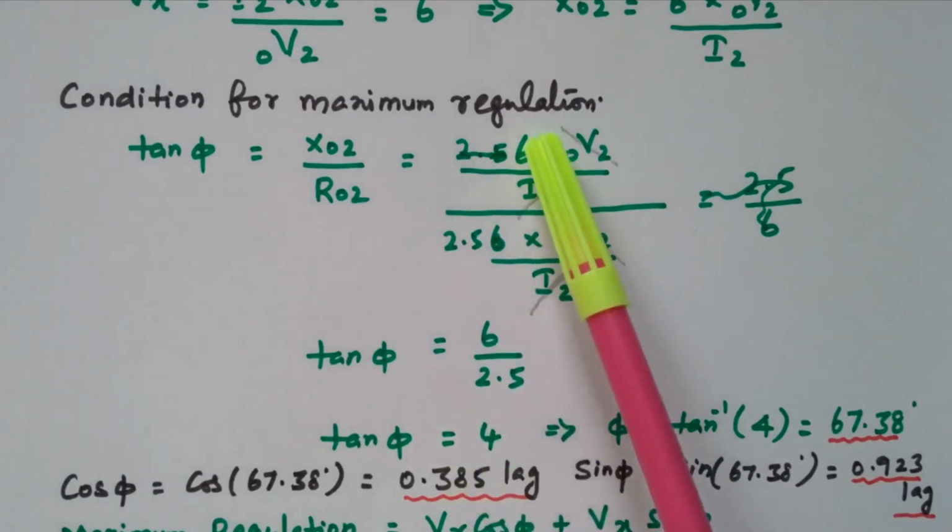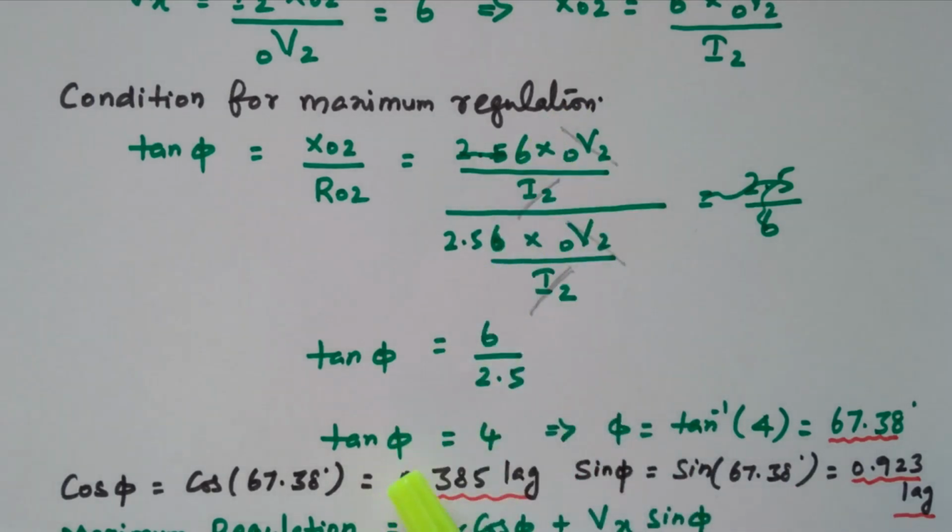So tan phi equals 6 divided by 2.5, which is 2.4. From that, phi equals tan inverse of 2.4, that is equal to 67.38 degrees.